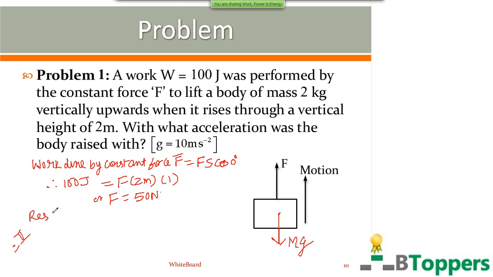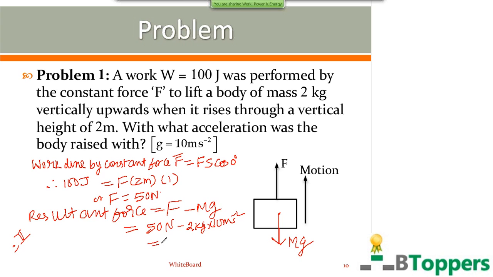So the magnitude of the resultant force on the body in the direction of its motion can be written as F minus mg. Here F is equal to 50 newtons. The mass of the body is given as 2 kg. g is given as 10 meter per second square. So magnitude of the resultant force on the body will be equal to 30 Newton.